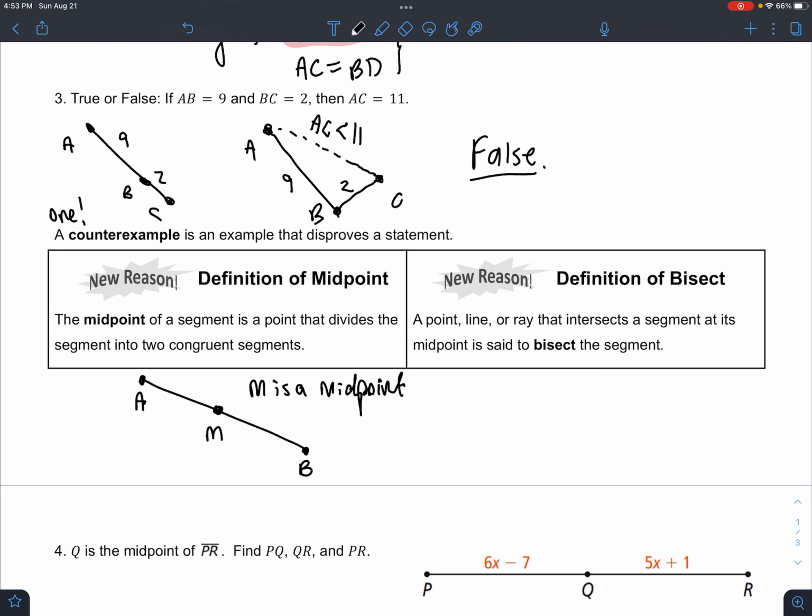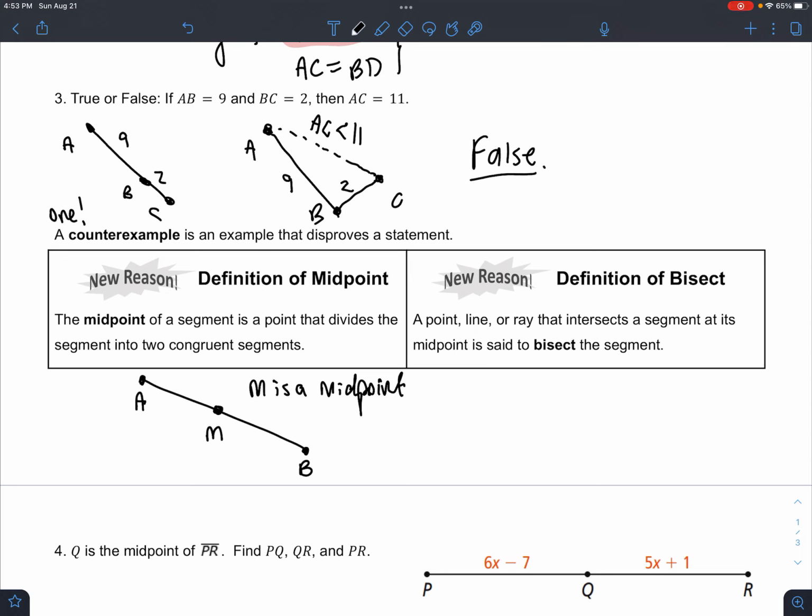Now, bisect is kind of in the same ballpark as midpoint, but bisect is a verb, and it means to split into two. We know that bi means two, and sect is like cutting, right? So a point, line, or ray that intersects a segment at its midpoint is said to bisect the segment.